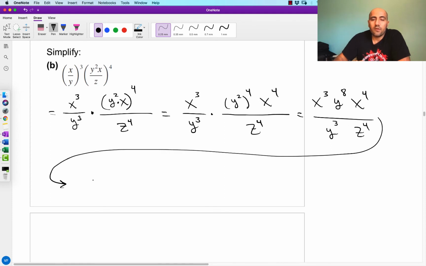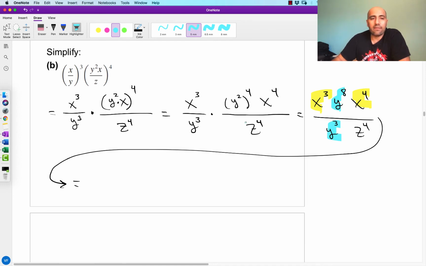All right. So simplifying this, in the numerator, I have these two, this one and this one. They're exponential numbers with the same base. I know that I can simplify them by adding the exponents. And I also have these two, which are exponential numbers with the same base.